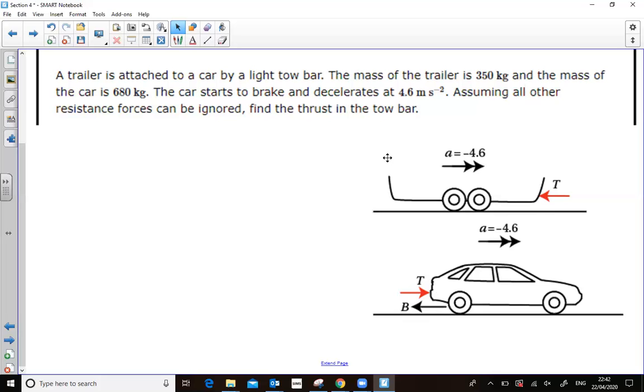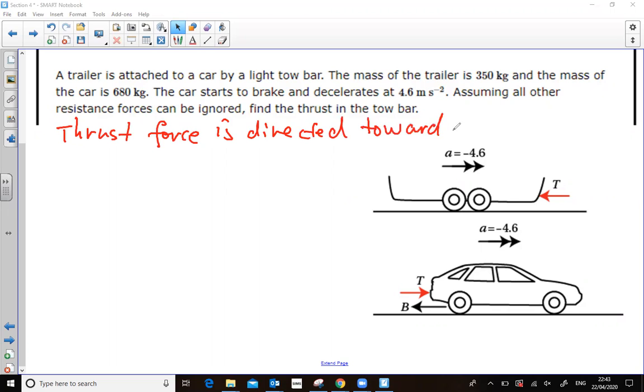Maybe I can write this down as well. So thrust force is directed towards the object, and tension is away from the object. That's the difference.